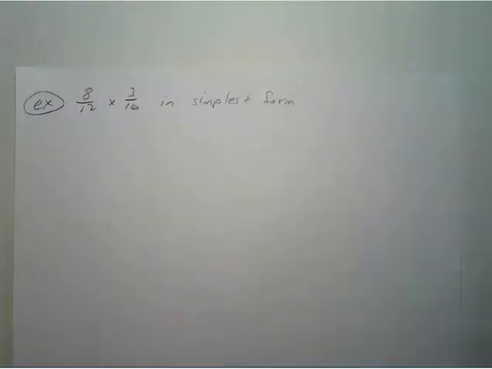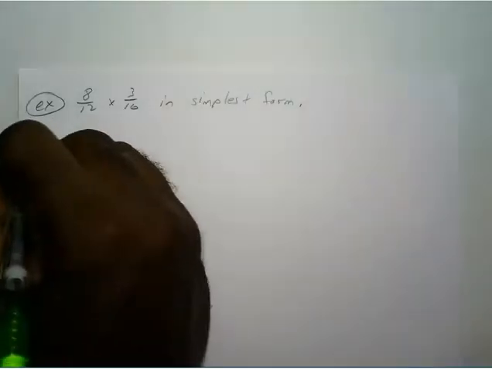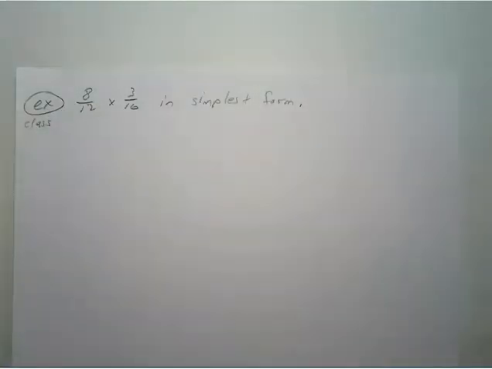Remember, it could say simplest form or the lowest form. Either way, we're looking to reduce it as far as it can be reduced. I want you to go ahead and press pause and solve this one.